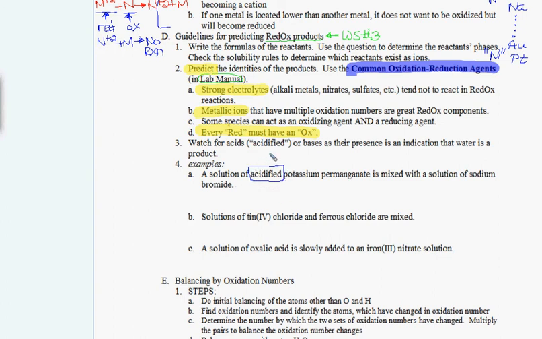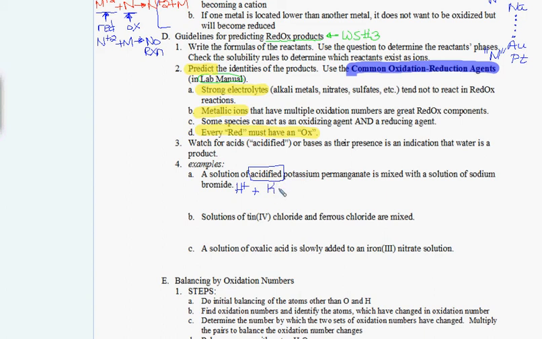The word acidified almost always indicates that it is going to be a redox reaction. It also means that you're going to be taking some hydrogen ions, right, because that's the acid. And if you watch the video on balancing, of course those hydrogen ions are the extras, right? They're the ions that are present to help with the balancing.